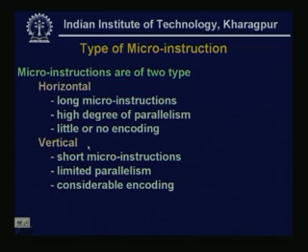Now, we see the different types of micro instruction. Micro instructions are of 2 types. One is called the horizontal, another is vertical. Now, the horizontal micro instruction mechanism provides long micro instructions, a high degree of parallelism and little or no encoding.